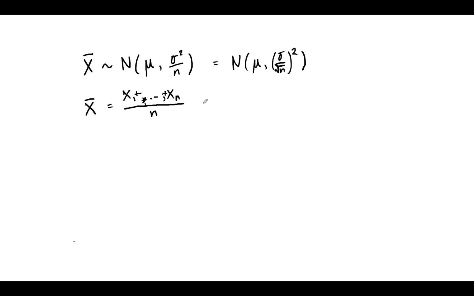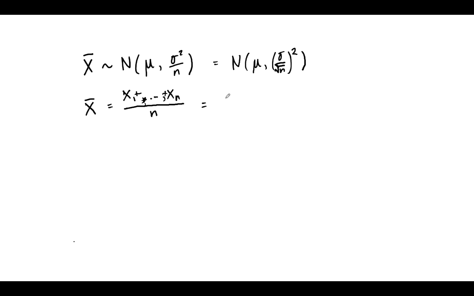There's a corollary here, and that is that the only part in this side of the expression that is random, as random variables, is in the numerator. And so this normal distribution up here is resulting from the sum of these random variables on the numerator.